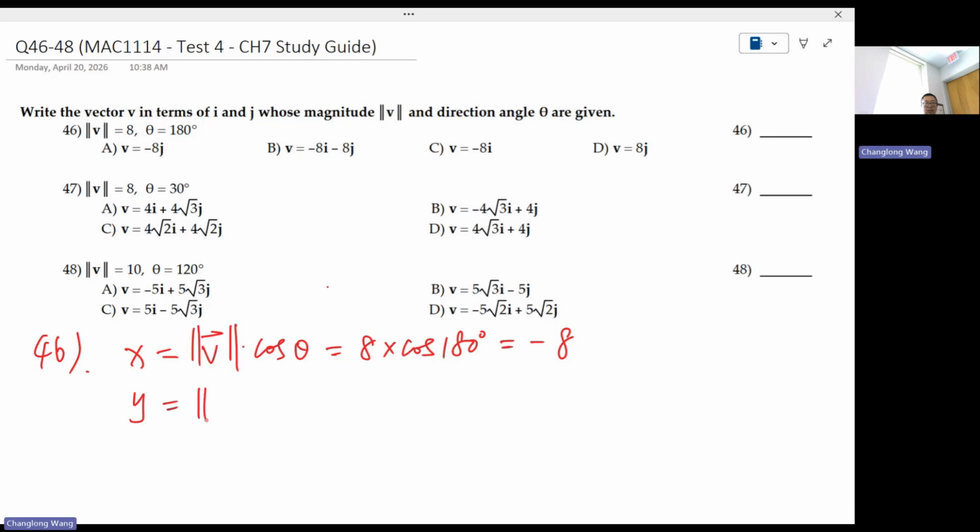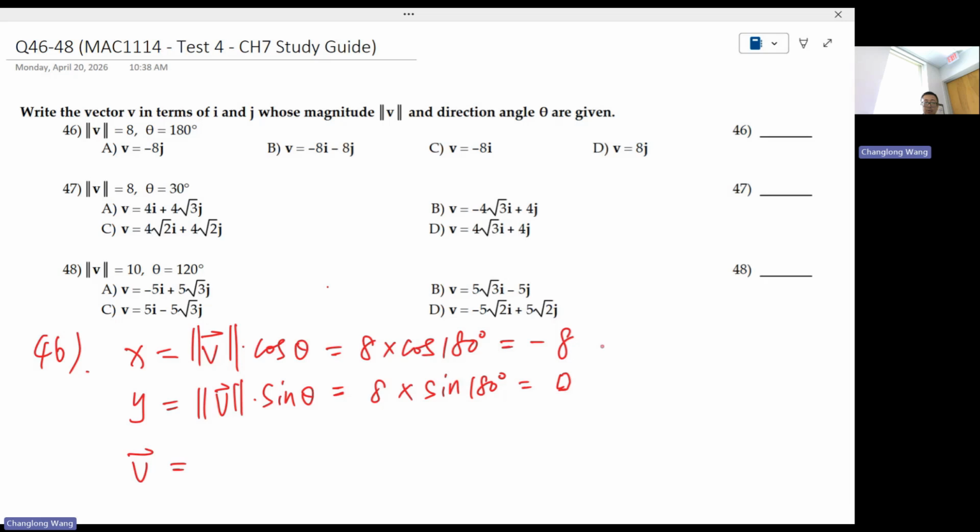y is the magnitude of the vector v times sine of the angle. All right, so 8 times sine of 180. Now sine of 180 is 0, so the y is 0. Now, how would you write the vector in terms of i and j?